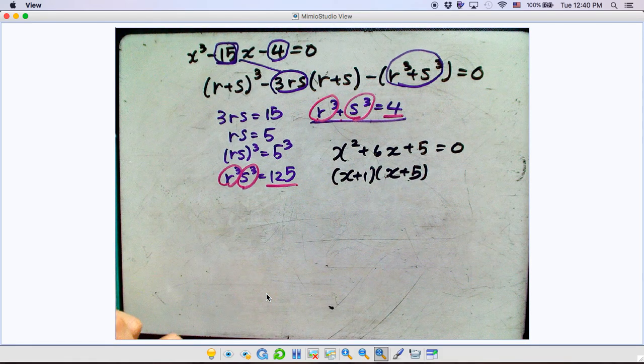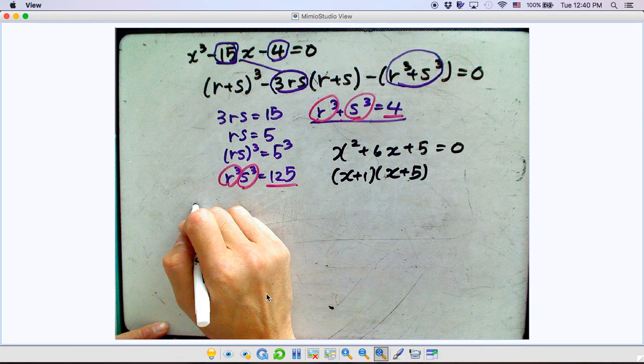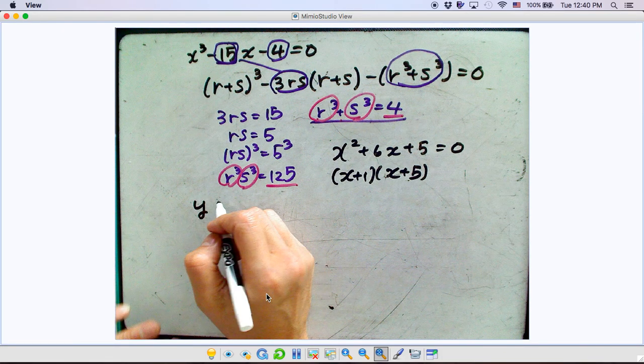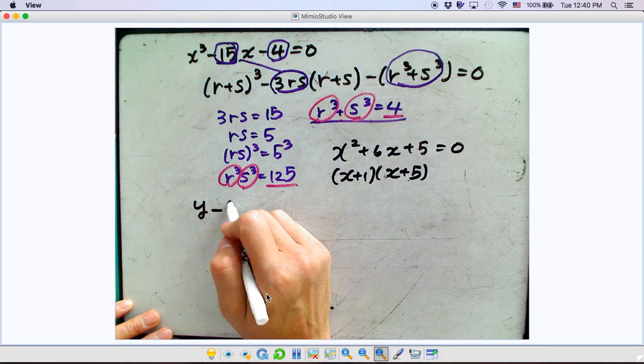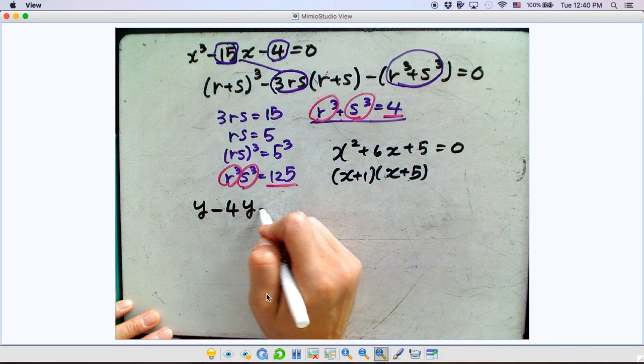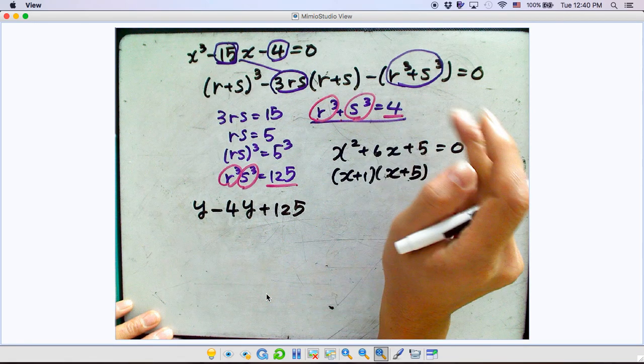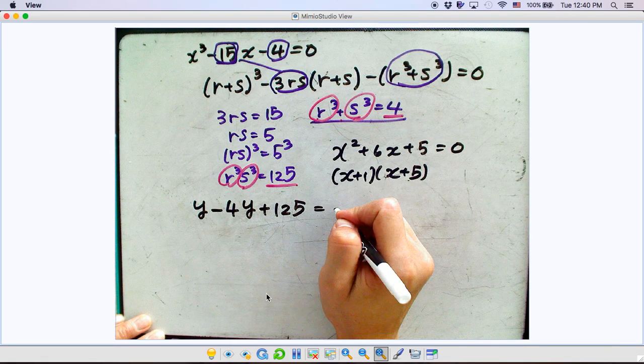So we can rewrite that as y squared minus 4y plus 125 equals 0.